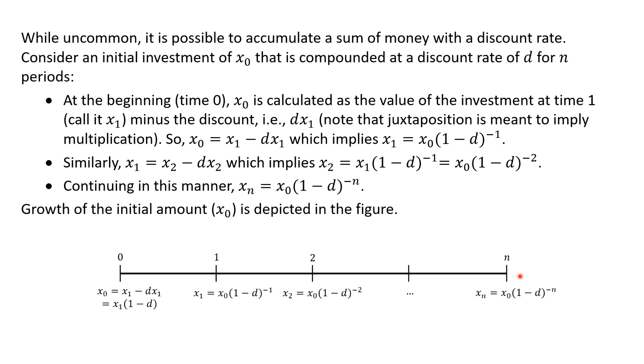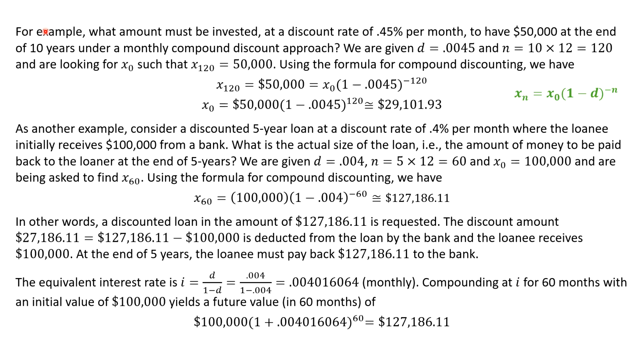So I'll show you an example or a few examples on the next slide. For example, what amount must be invested at a discount rate of 0.45% per month to have $50,000 at the end of 10 years under a monthly compound discount approach? What we talked about on the previous slide.